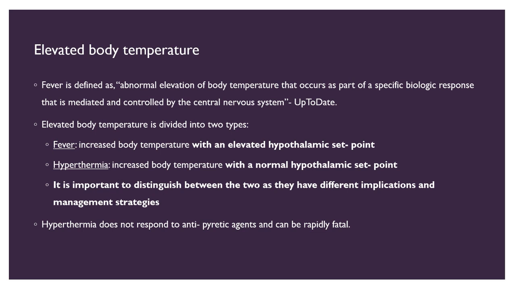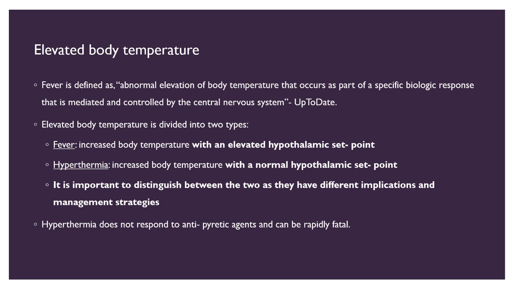So, what is the difference between fever and hyperthermia? Fever is when the body temperature increases secondary to an increase in the hypothalamic set point. We'll be looking at what the hypothalamic set point is in the diagram in the next slide. But what's critical to remember is that hyperthermia is the other way around.